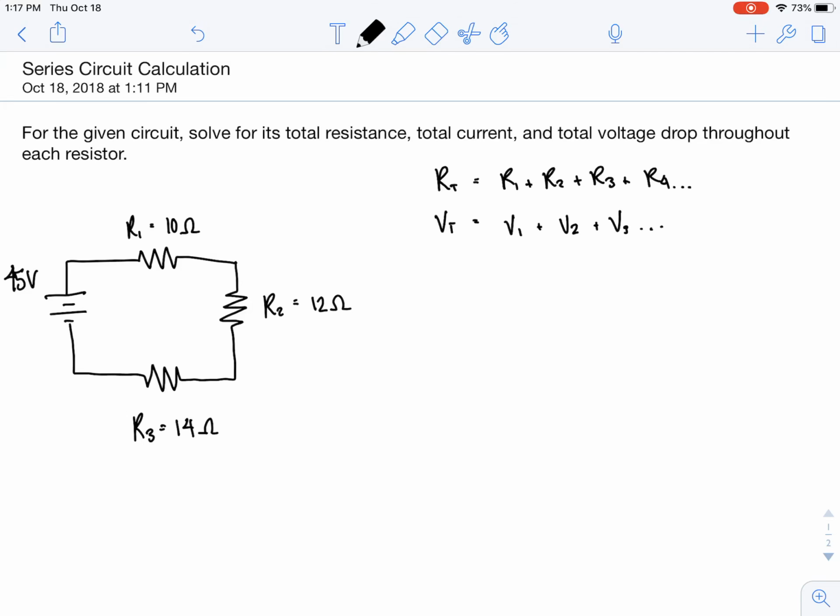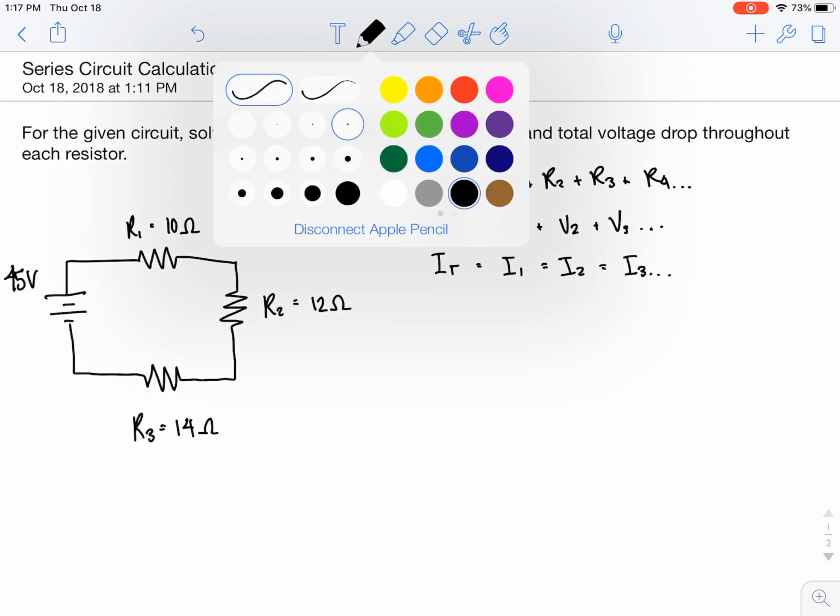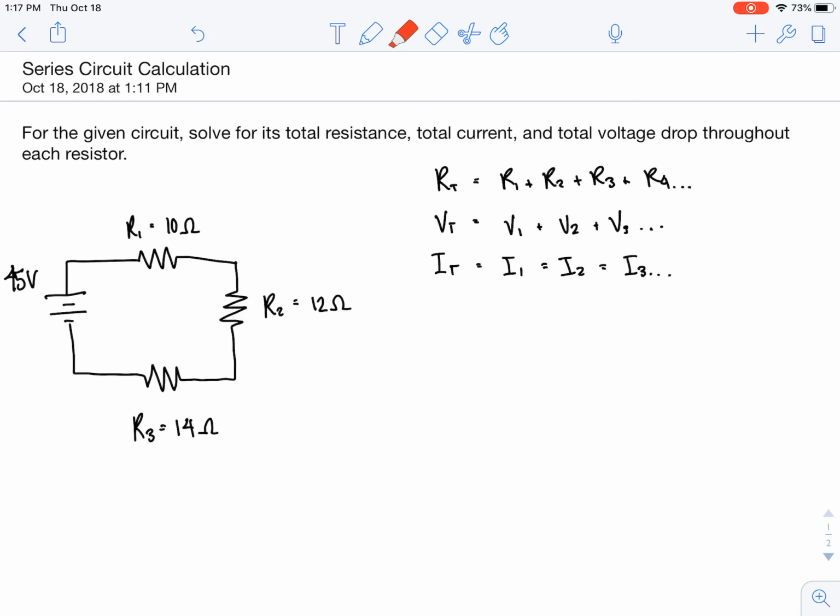And in addition to this, we have current. The current total is actually the same across the board. So I1 is equal to I2, which is equal to I3. One way to know that this is a series circuit, and that the current is the same throughout, is just looking at the path.